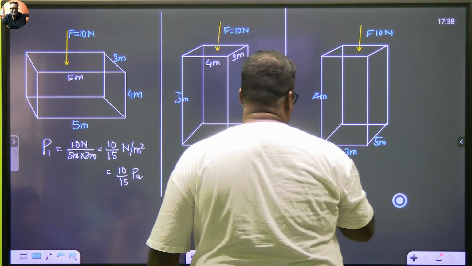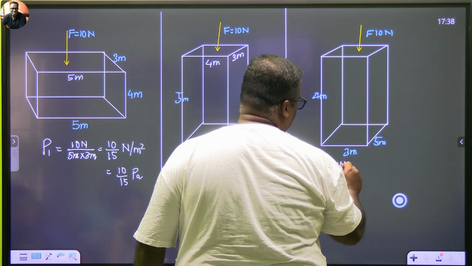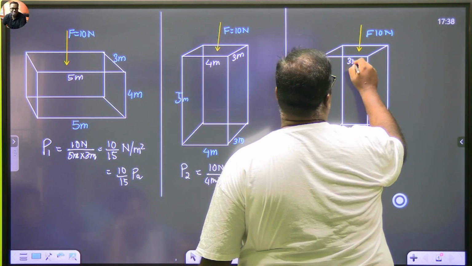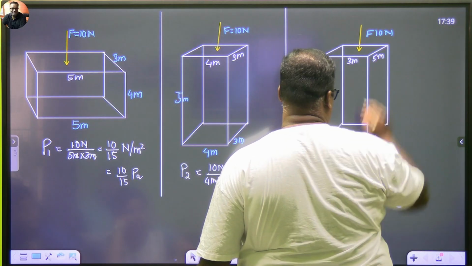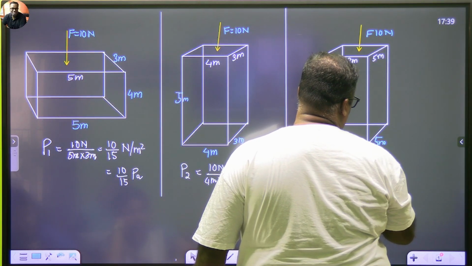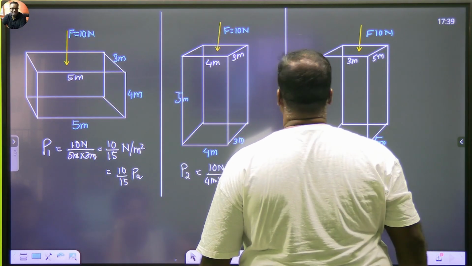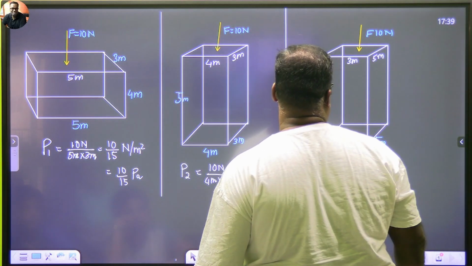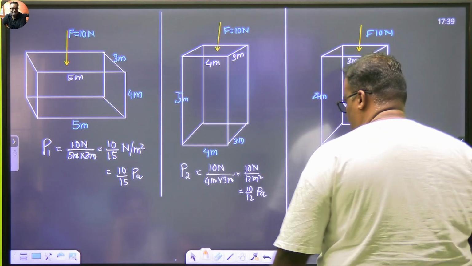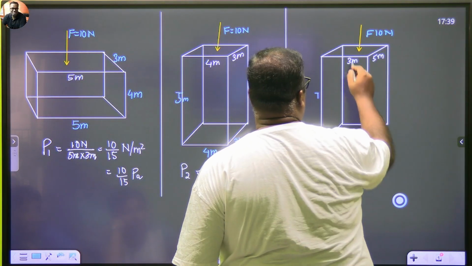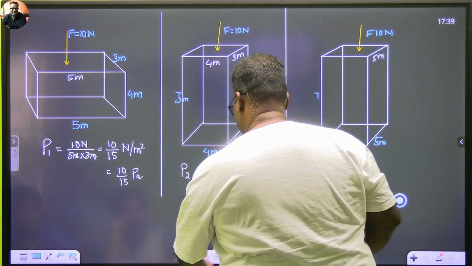Fine. And let's see the third pressure. P3 is 10 Newton divided by, what is the area now? 3 meters into 5 meters. Why did we get 3 and 5? It should be 4 and 5. Okay, no problem.